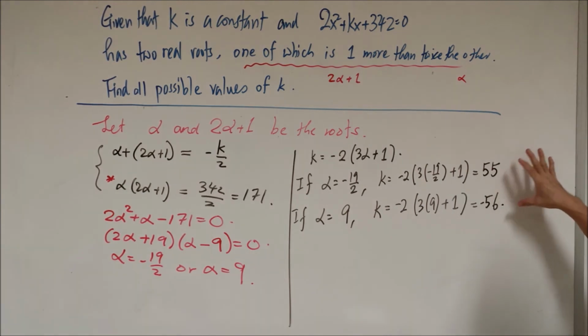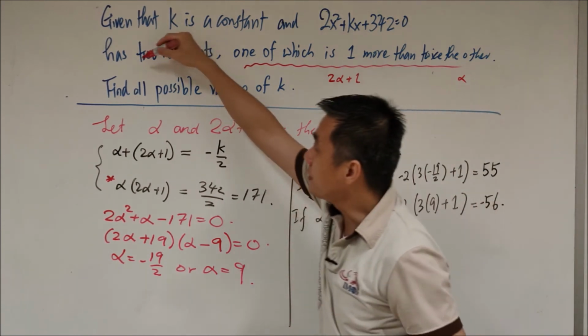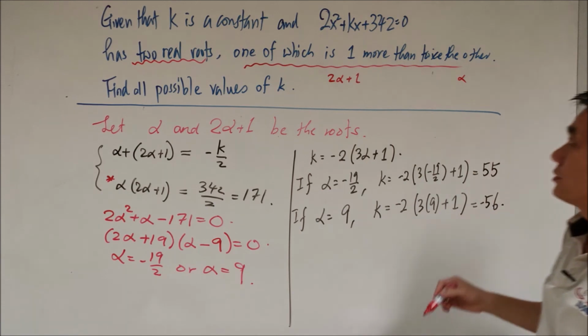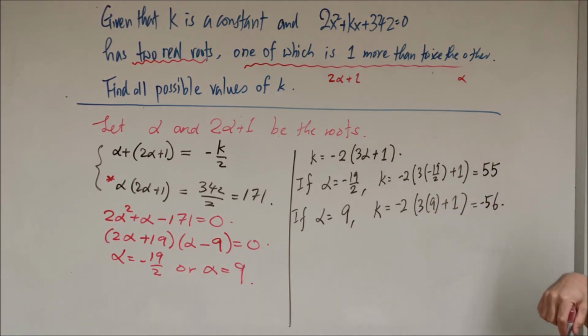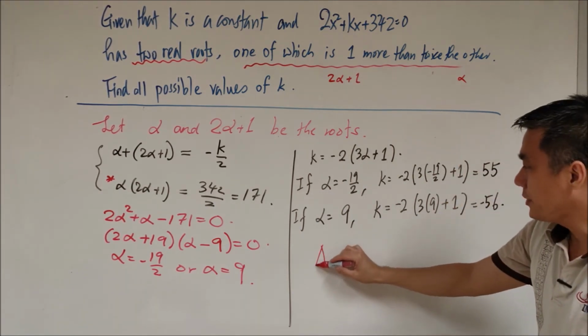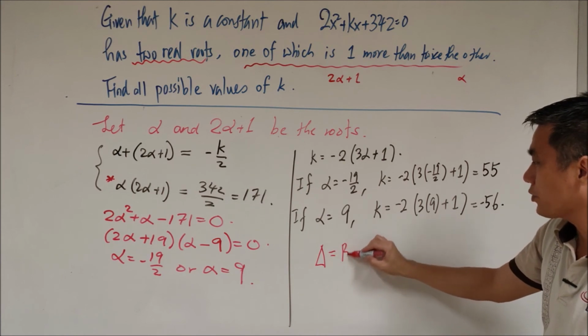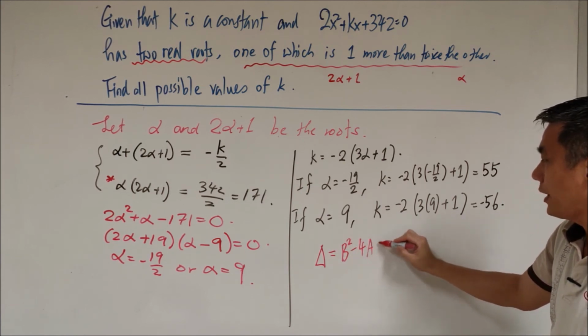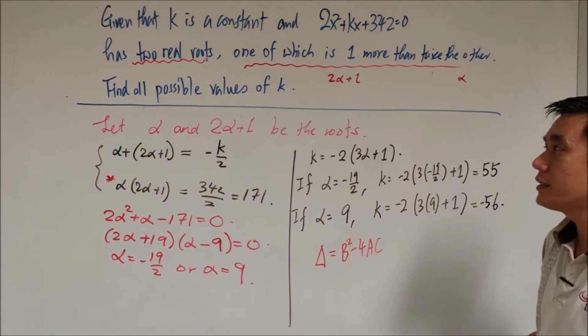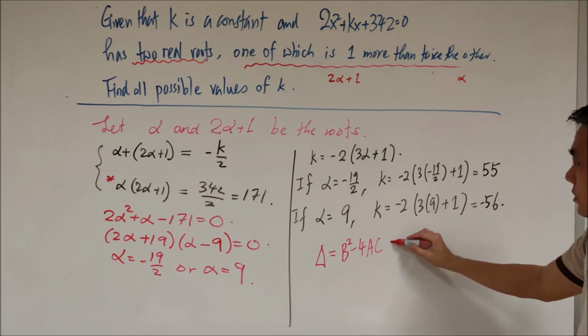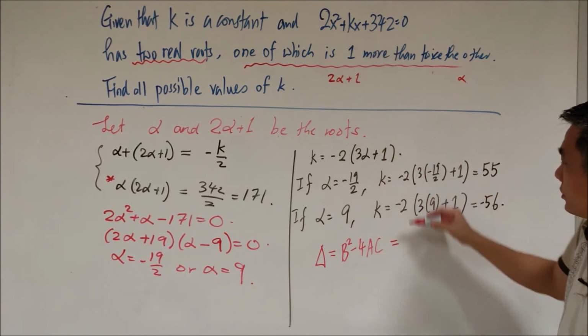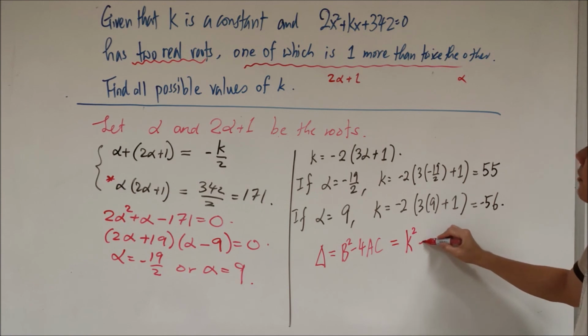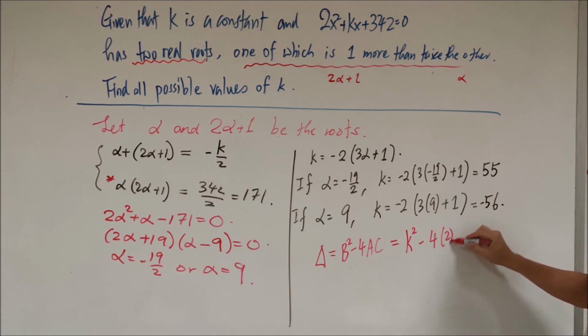We still need to check whether we can accept these two solutions. And it says that there are two real roots. If the equation has two real roots, the discriminant b squared minus 4ac has to be greater than or equal to 0. So in this case, it is k squared minus 4ac.